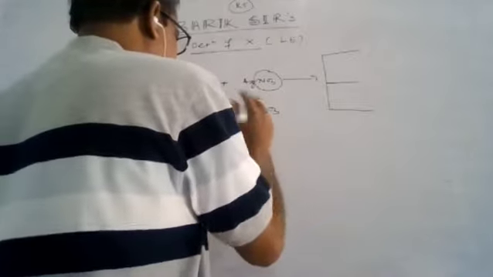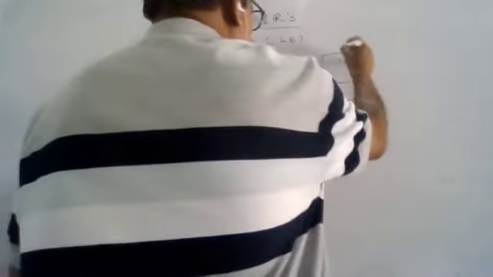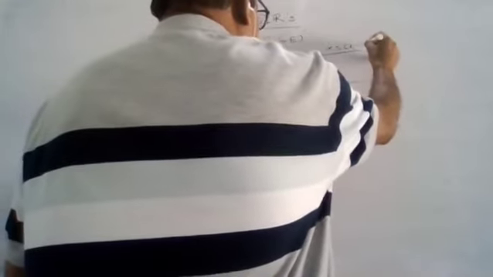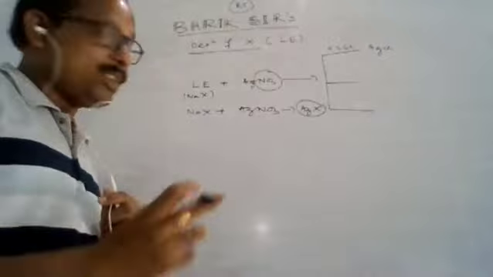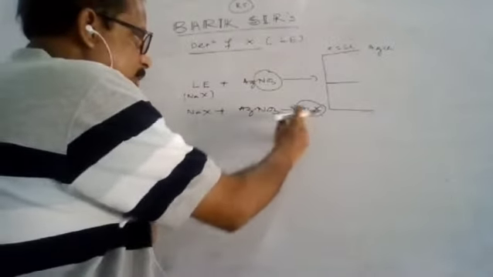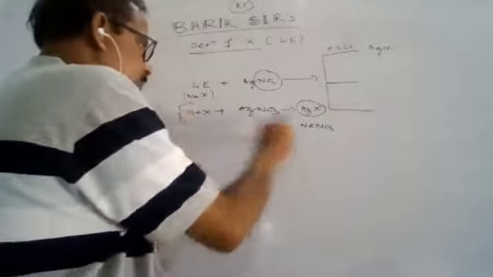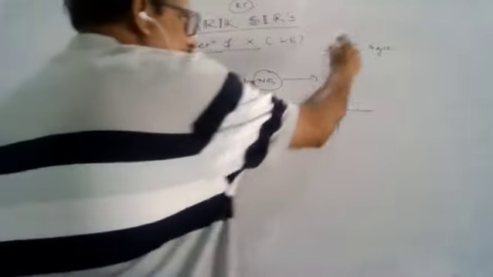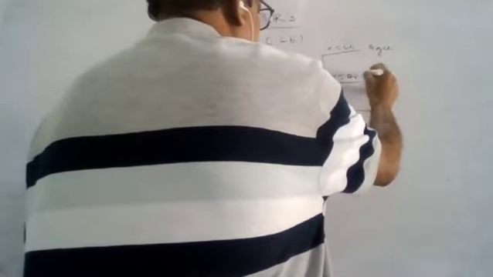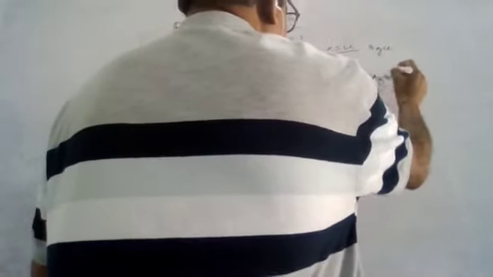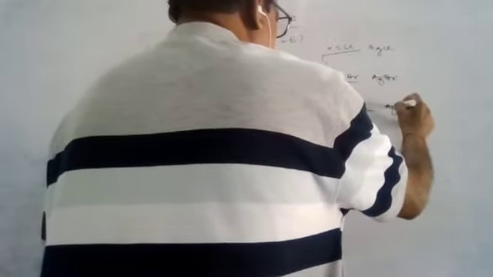You will expect AgX, the precipitate, to form, plus NaNO3. This is the reaction that takes place here. If X is Cl, then AgCl will form. If X is Br, then AgBr will form. If X is iodine, then AgI will form.